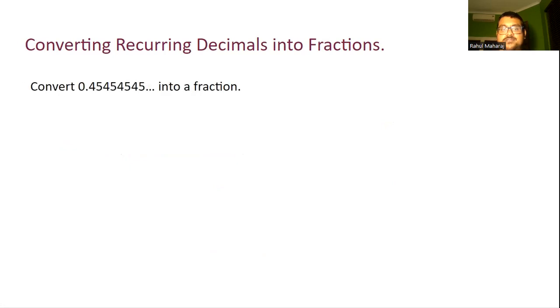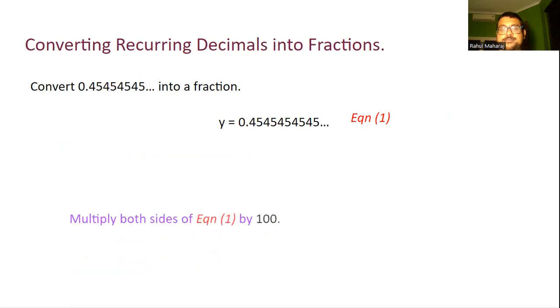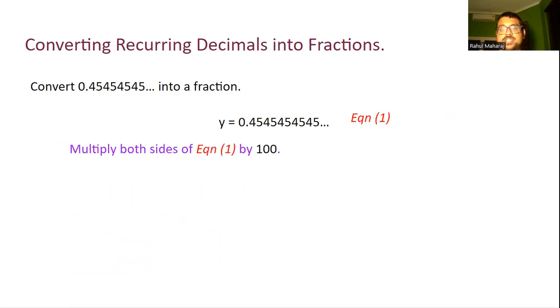Convert 0.454545 into a fraction. So we let y be equal to 0.45454545, and we call it equation 1. Notice that only two digits are repeating. Therefore, we can multiply both sides of equation 1 by 100 for the decimal to shift 2 places to the right.